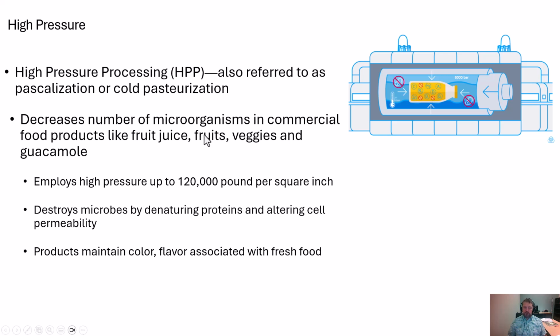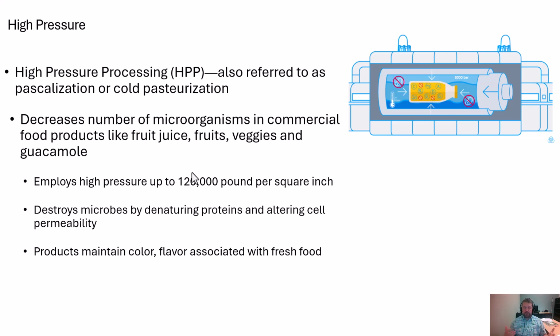It works really well on fruits and veggies that don't have air spaces, that have a good rind, like oranges and lemons and tangerines and these things that have a good rind, not too much airspace inside. It works fairly well on those to kill the microbes that might be occurring on the outside of the fruit or veggie.